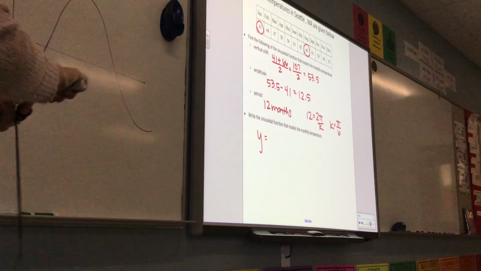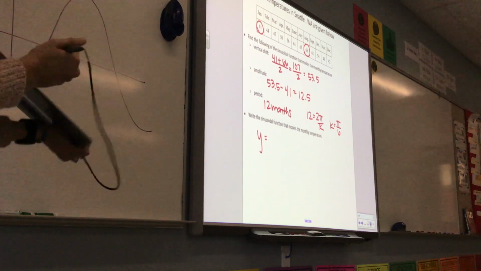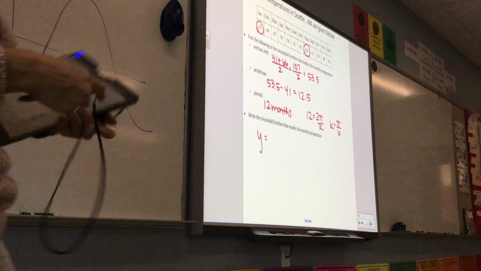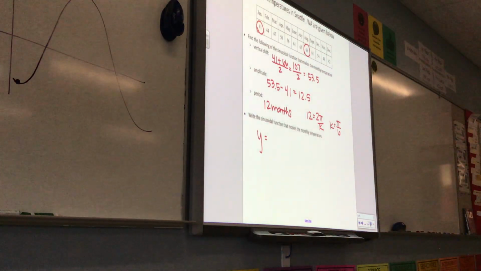Wait, why do we need to sketch it when we have all the information? You don't have to. Sketching is just if you need it. What does that look like? Sine or cosine? It looks like a cosine, yes? Okay, what's my problem with it though? It's negative. That's not a big deal though. I can just make it negative cosine.